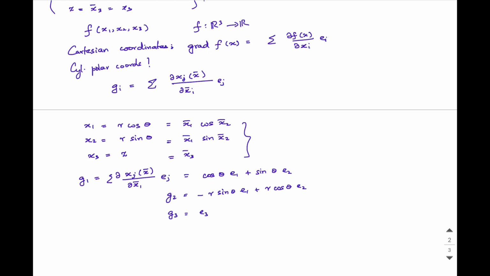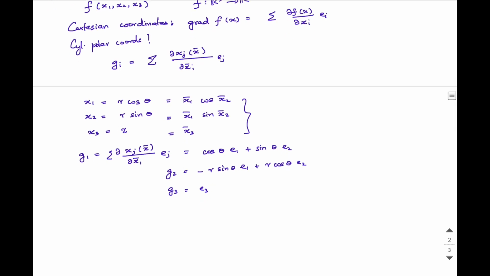And now comes an important point. Notice that in this case, with g1, g2 and g3 defined like this, you can easily verify that gi dot gj equals 0 whenever i is not equal to j. So it turns out that in this special case, the tangents of the coordinate curves are indeed orthogonal.